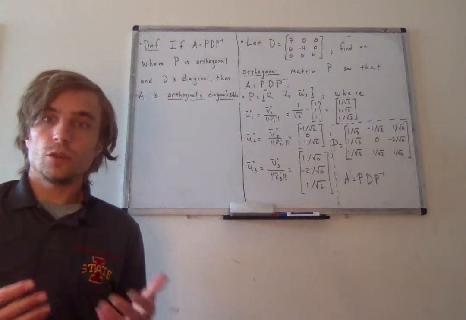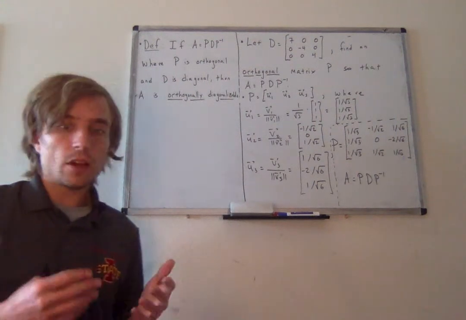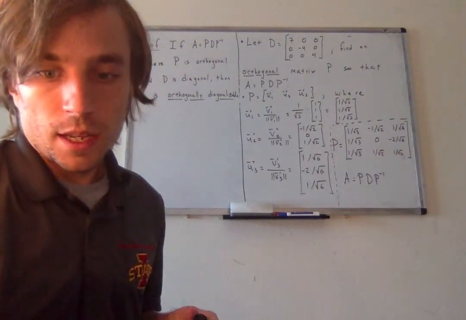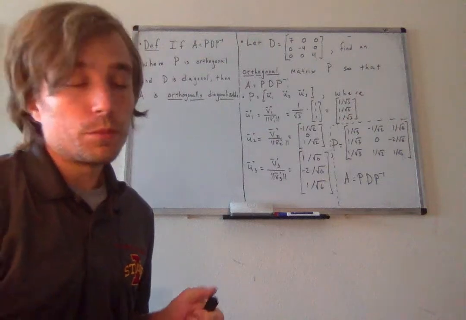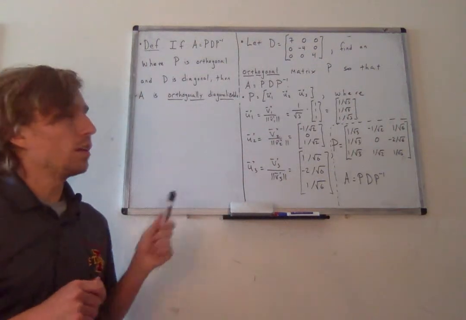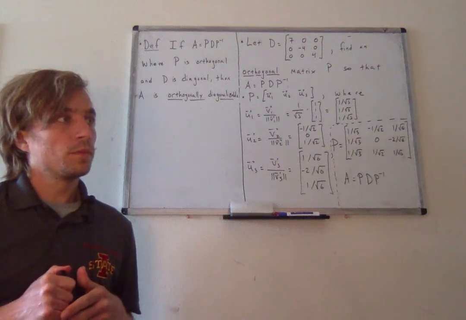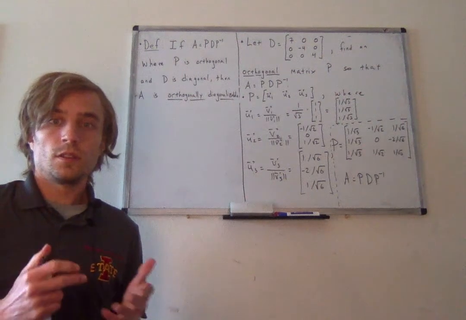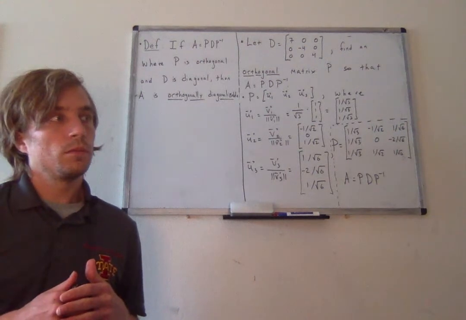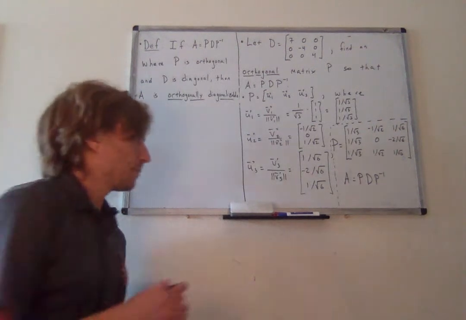And so we're actually going to show now that any two eigenvectors from different eigenspaces for a symmetric matrix have to be orthogonal.